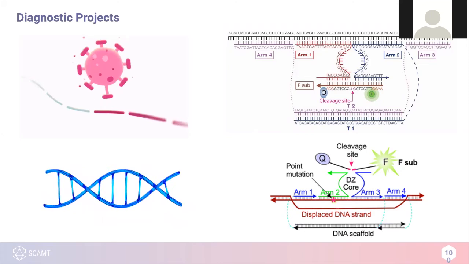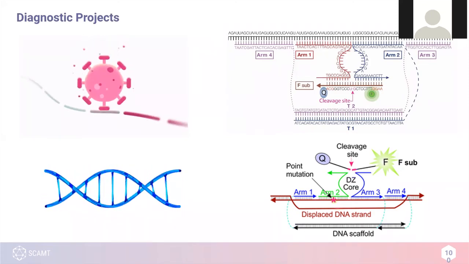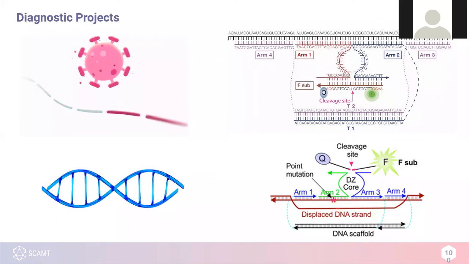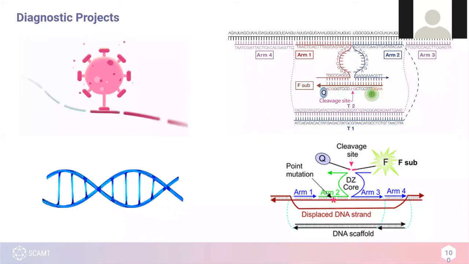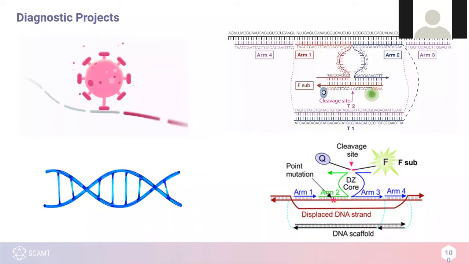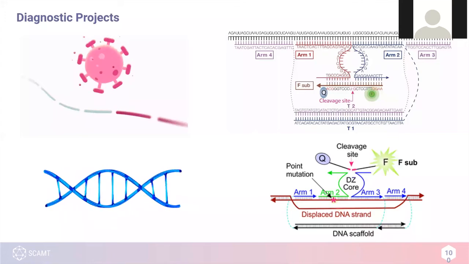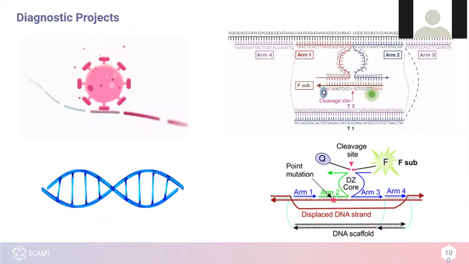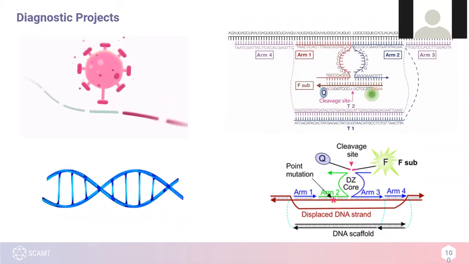We developed DNA machines for detection of viral RNA without any kind of amplification, which is something new until now. And we also developed other DNA machines for detection of double-stranded bacterial DNA and viral DNA.